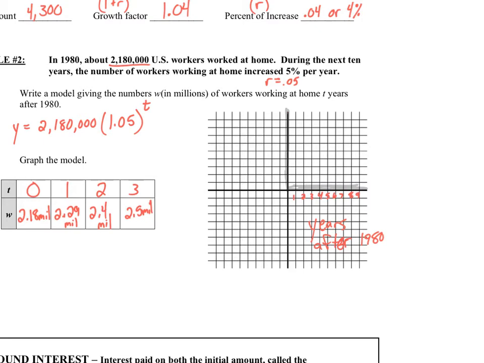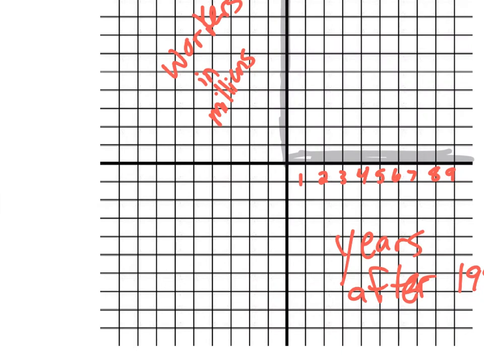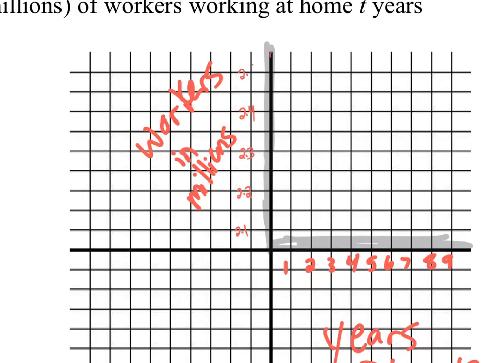Along the side is workers in millions. Okay, so we're going to start with 2.1, 2.2, 2.3, 2.4. And actually, let me fix this. I don't like how it looks. I'm going to skip a line. So I'm going to do 2.1 right here, 2.2, 2.3, 2.4. And we're going to skip a line up here. It's going to be 2.5.